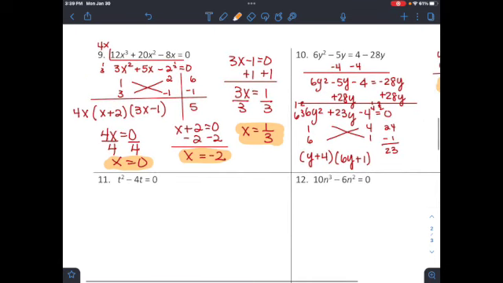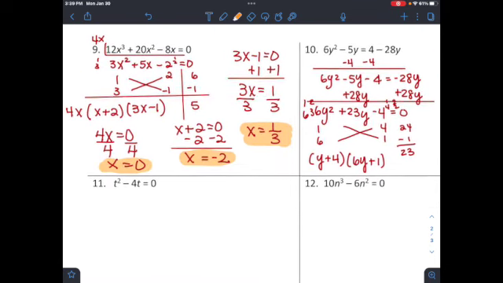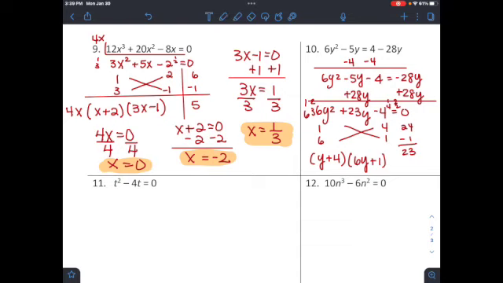So for example, number 9, here's the work I have. Because they have 4x in common, I pull out the 4x. I'm left with 3x squared plus 5x minus 2. Then I'm going to double check, can I factor by guessing.